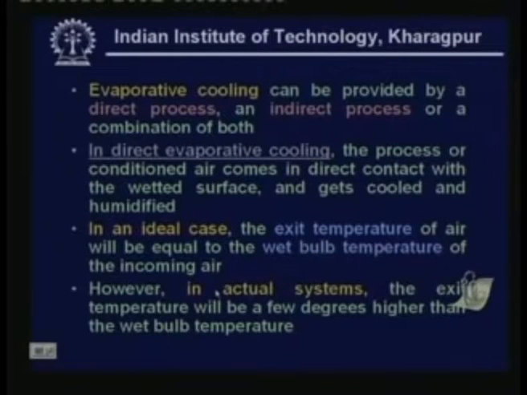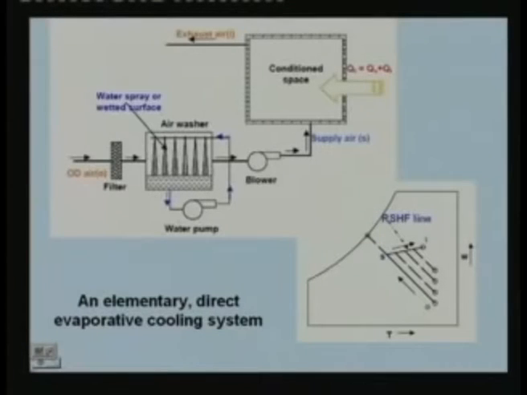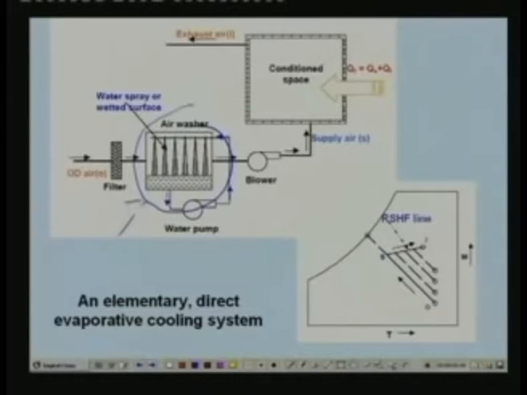As I have mentioned, in an ideal case the exit temperature of air will be equal to the wet bulb temperature of the incoming air, but in an actual case the exit temperature will be higher. So, what do we mean by an ideal case? Ideal case means this evaporative cooler or the air washer is perfectly insulated from the surroundings.